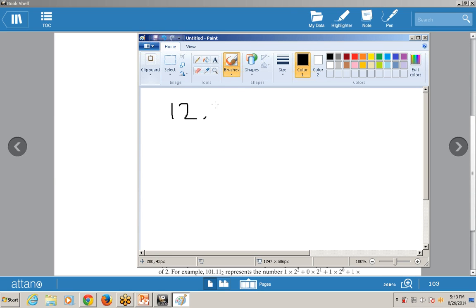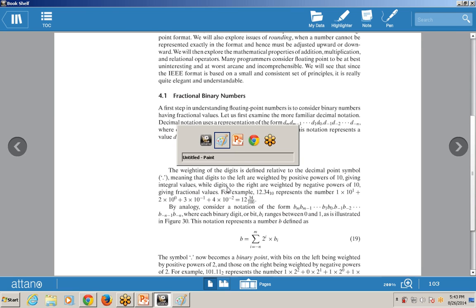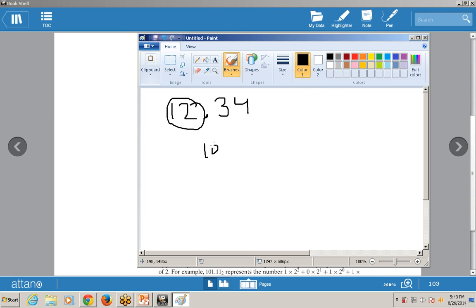The example is saying 12.34. This is the same as what we did in the binary addition or binary conversion. The same procedure: use 10 power 0 into digit, plus 10 power 1 into 1.